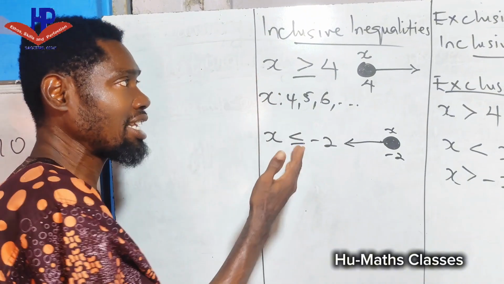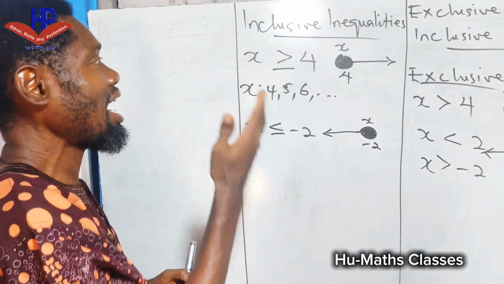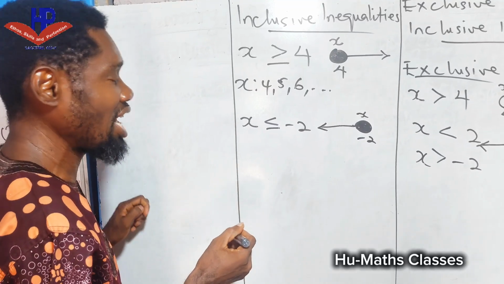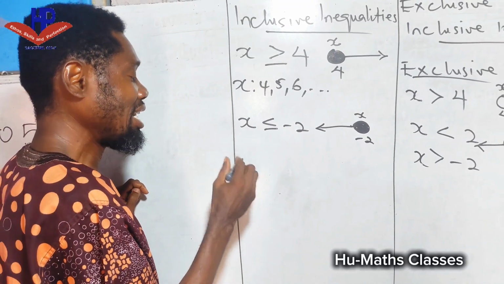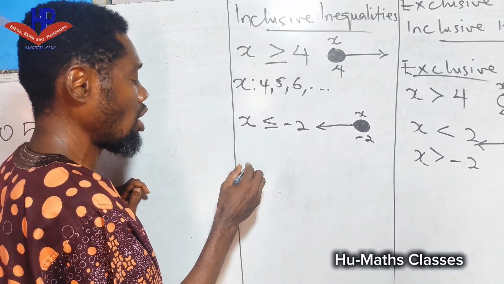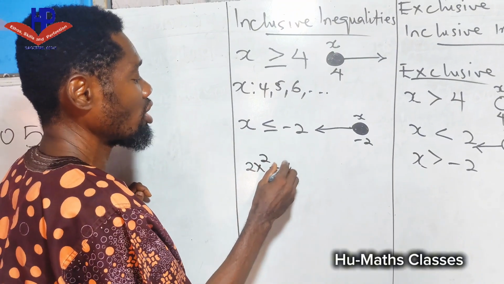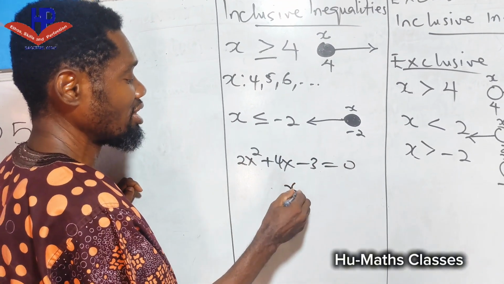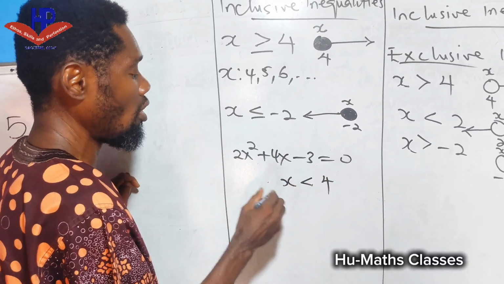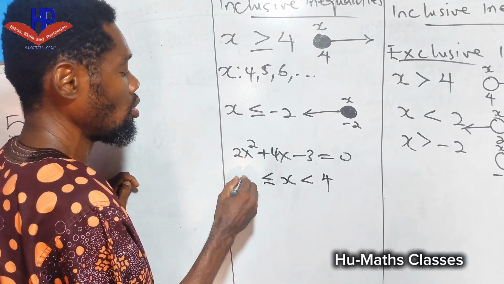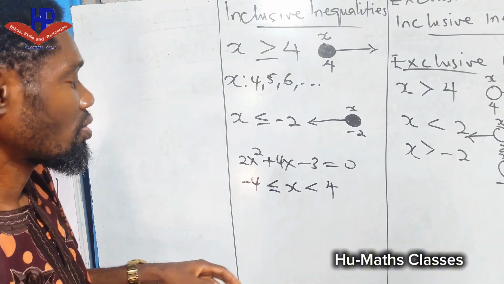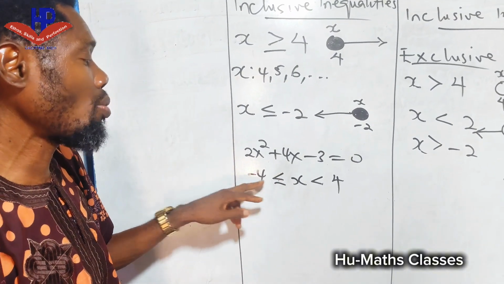Now, how do we apply exclusive and inclusive inequality in our quadratic problem? If we are given the limit, for instance, we are asked to solve the equation 2x squared plus 4x minus 3 is equal to 0, for which x is less than 4 and also greater or equal to minus 4.